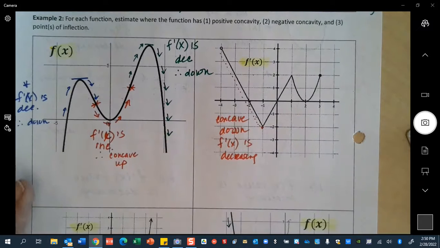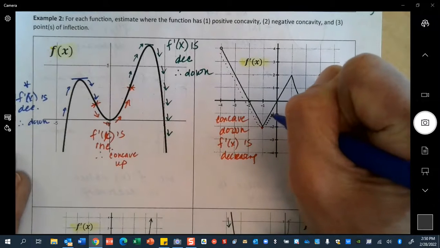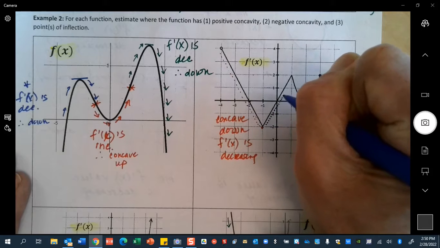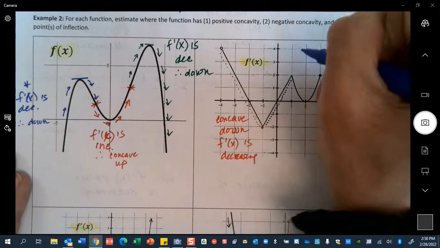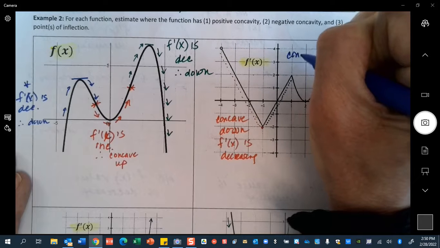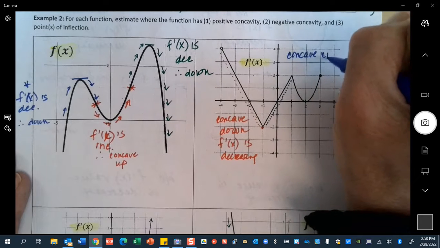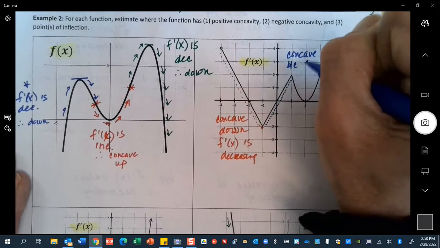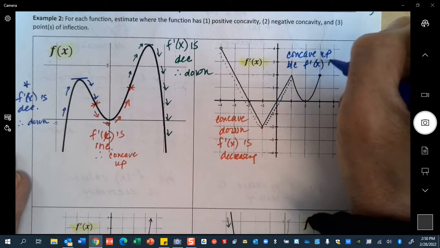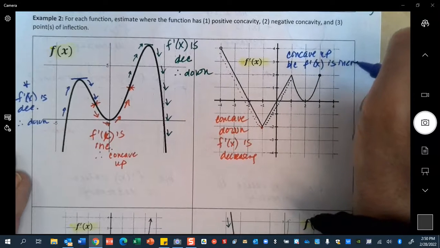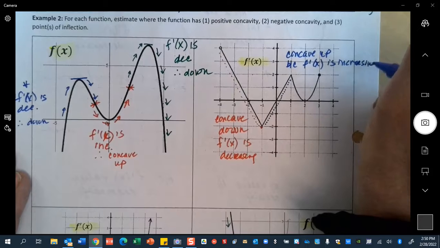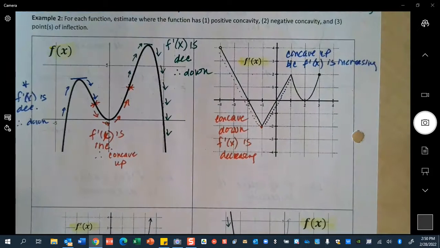What happens along this part? Yeah. So it's concave up because it's increasing.